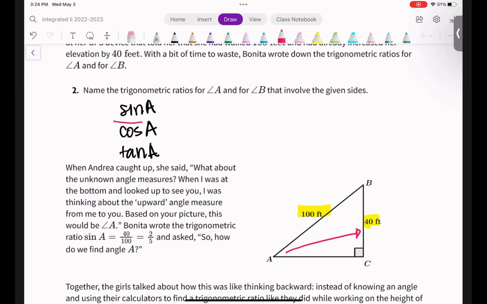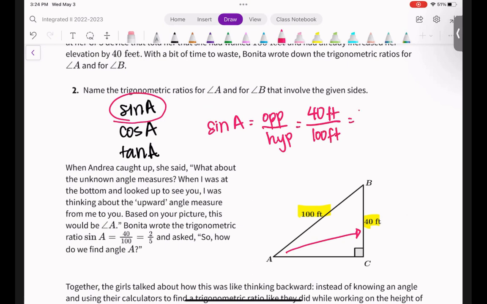Which one of these three is the opposite and the hypotenuse? It is sine, because sine is opposite over hypotenuse, which in this case is 40 feet over 100 feet. You can simplify this to 2/5, right? So sine of A equals 2/5.